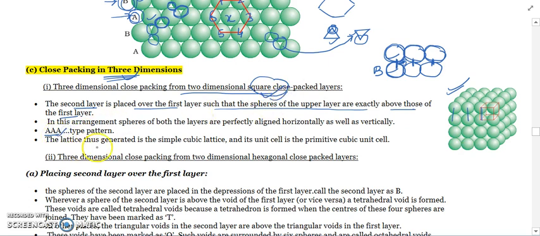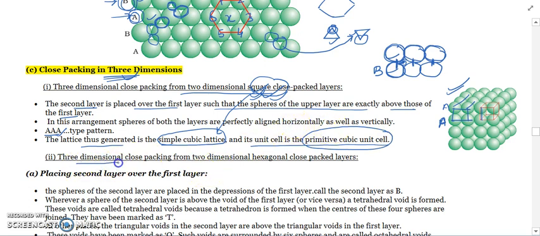This is an AAA type pattern because all layers are similar to one another. The lattice thus arranged is a simple cubic lattice. This is called simple cubic lattice, which we got from square close packed layers. What we got from square close packed layers is a three-dimensional simple cubic lattice, and its unit cell is called primitive cubic unit cell. Just remember it.